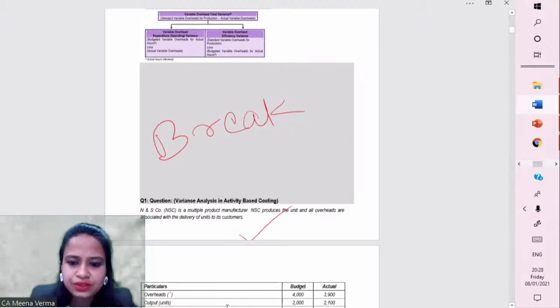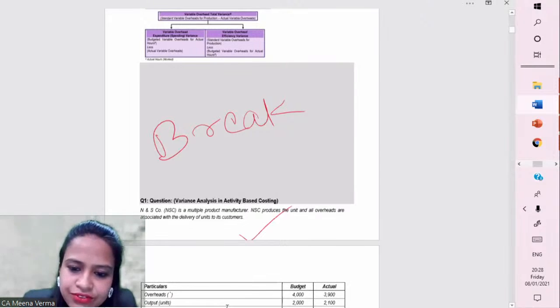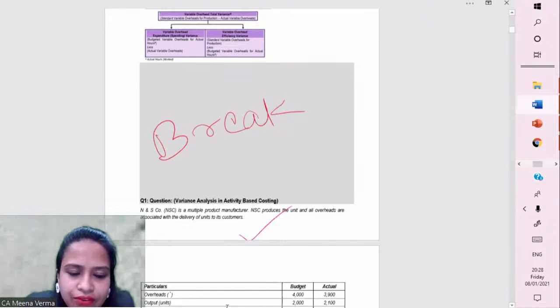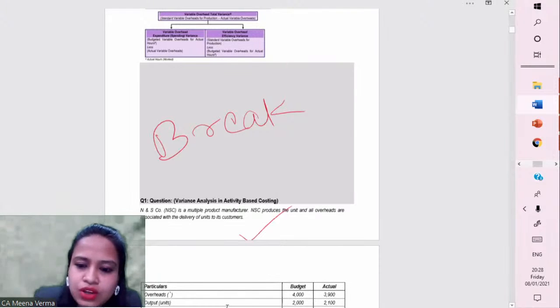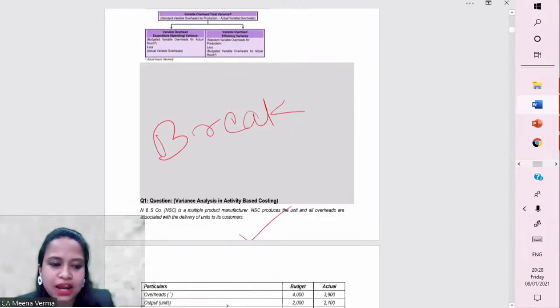In this question, we have to find the sales volume variance, and for finding it, I have taken 56 here. This is the sales margin. Why have I taken this?